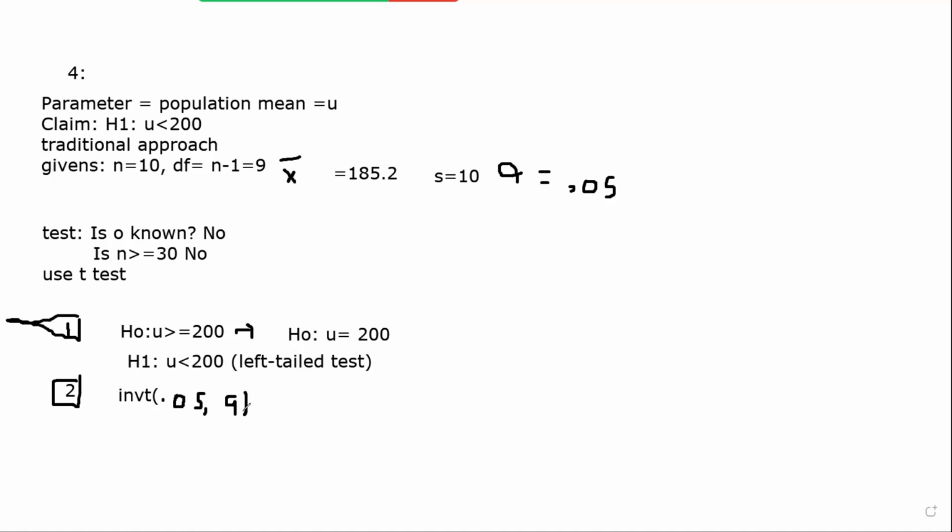Paste it, and I get negative 1.833. That's convenient. Okay. So negative 1.833 is my critical value. You want the decimal, okay?